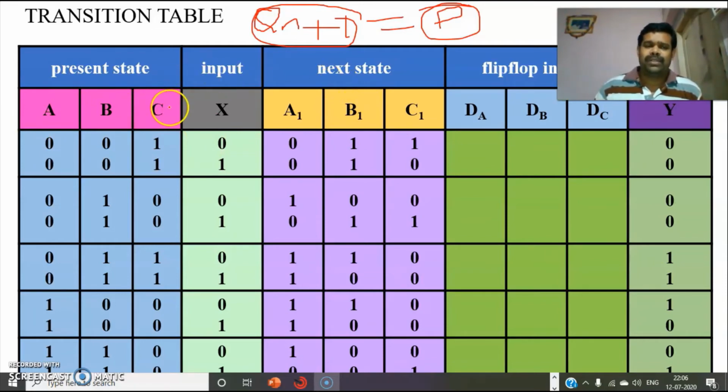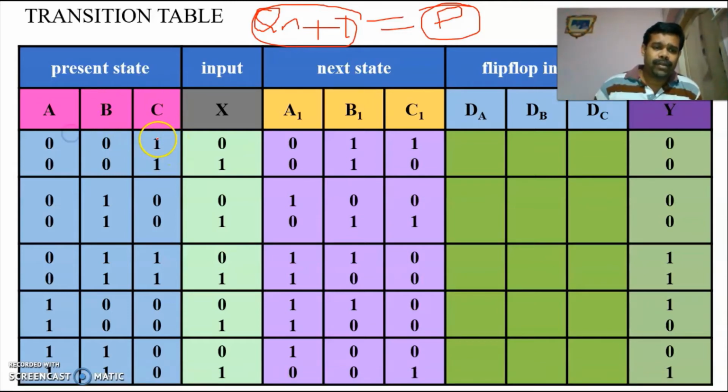The conversion of state table to transition table is just assigning binary values to the states. Then instead of alphabets, we have to use the binary values. That is the conversion of state table into transition table.